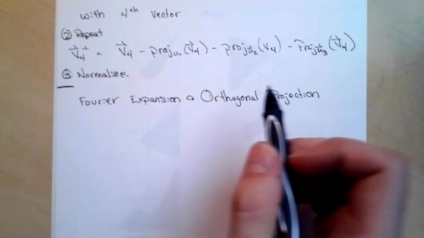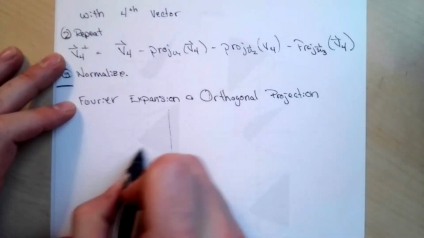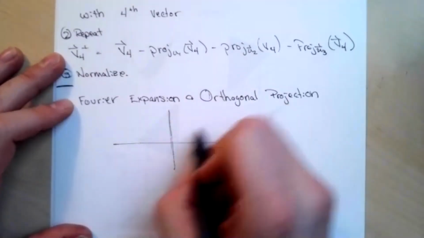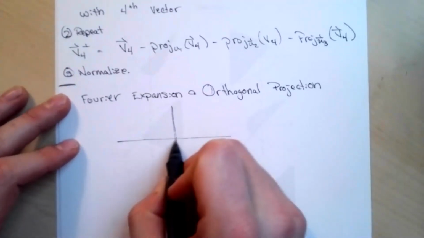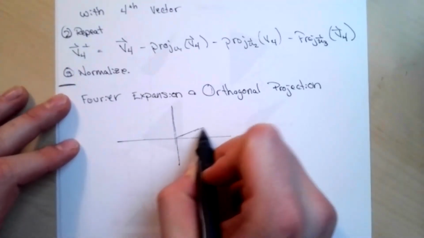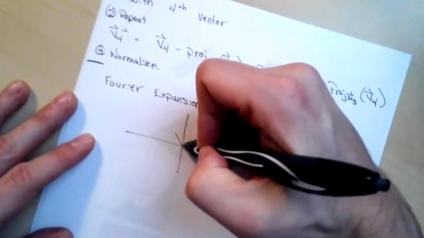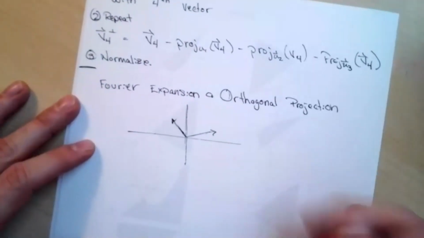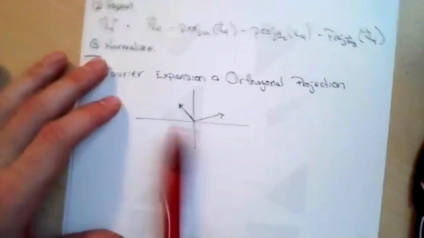So remember how we've described bases as giving us, and unfortunately it's hard to draw these in 3 dimensions. So the best examples are 2 dimensions, where we consider our basis vectors as creating a grid for our space.